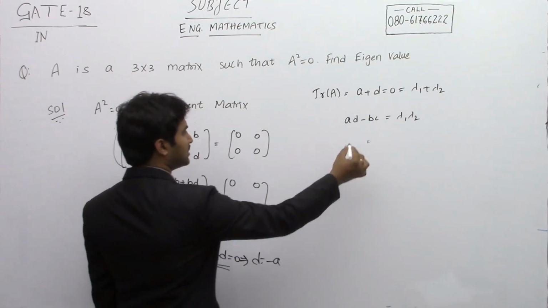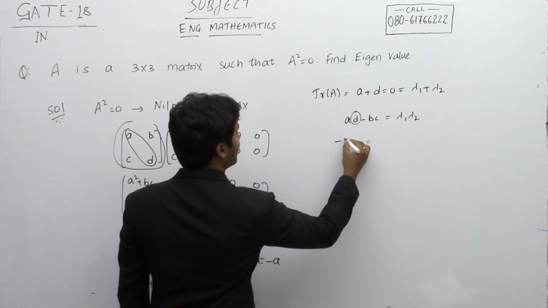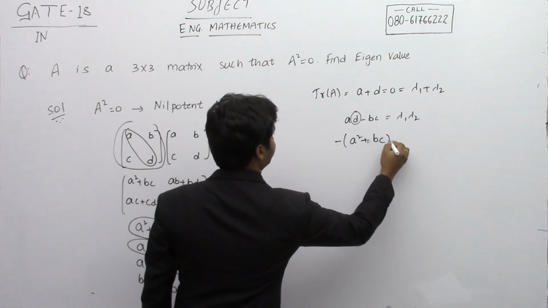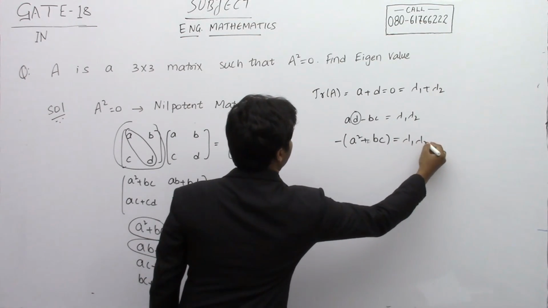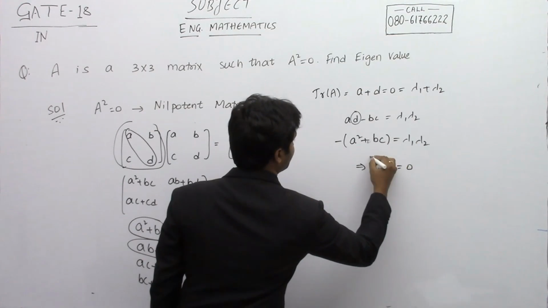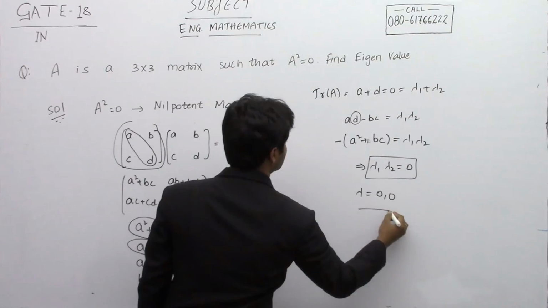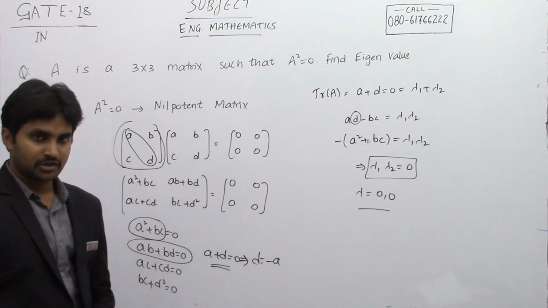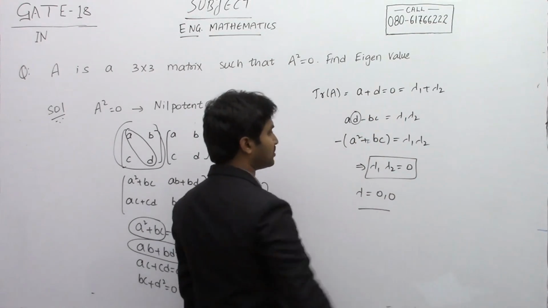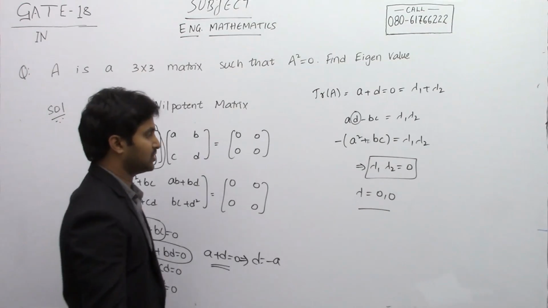If you substitute here, you're going to get minus of a square plus bc, which is equal to lambda 1 into lambda 2. So lambda 1 into lambda 2 is equal to 0, which indicates that the two eigenvalues are 0, 0. Because the product of eigenvalues is 0 and the sum is also 0, only the two numbers 0, 0 will satisfy.